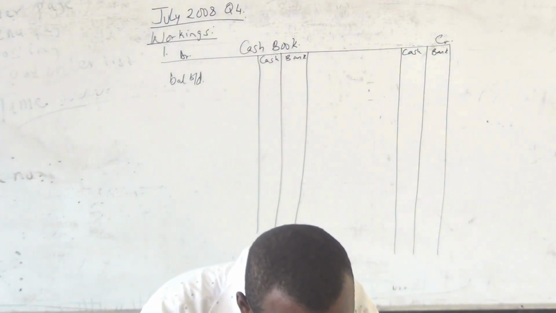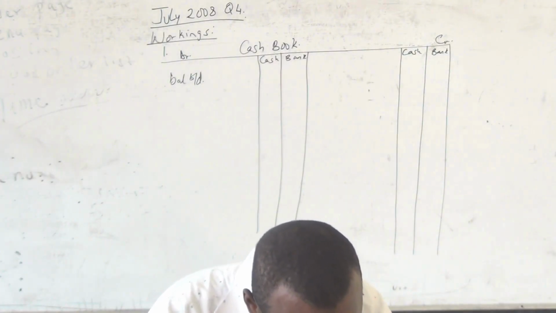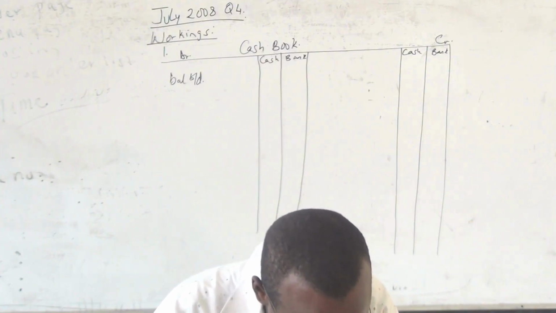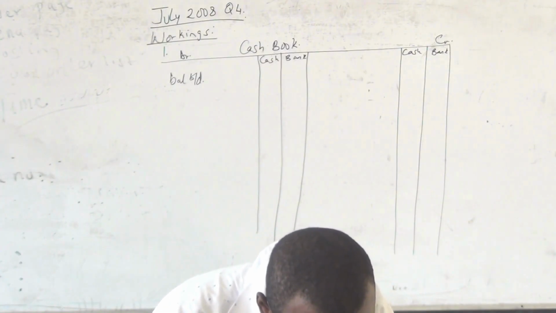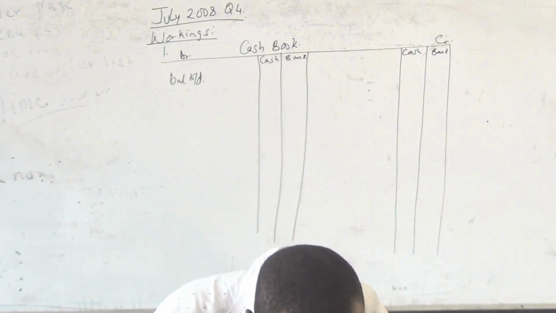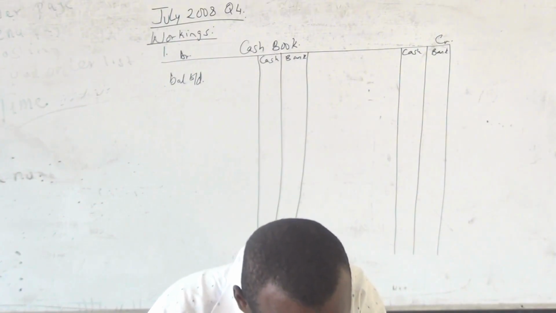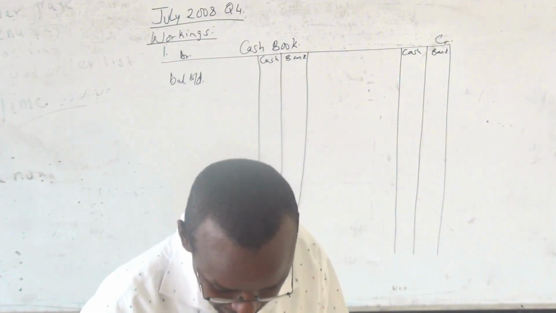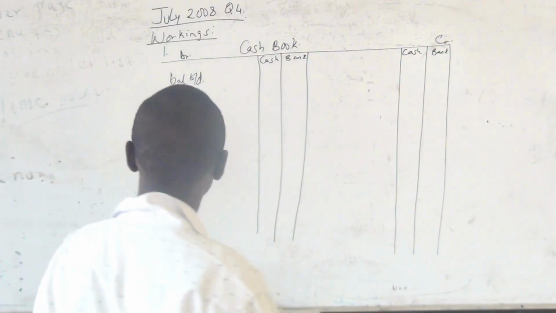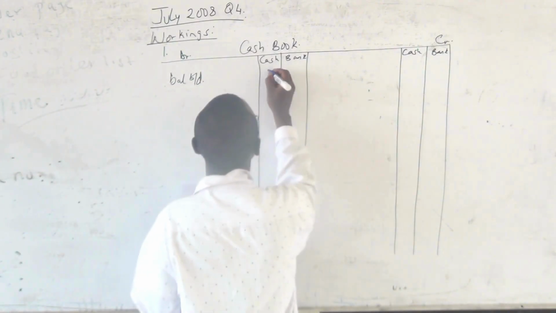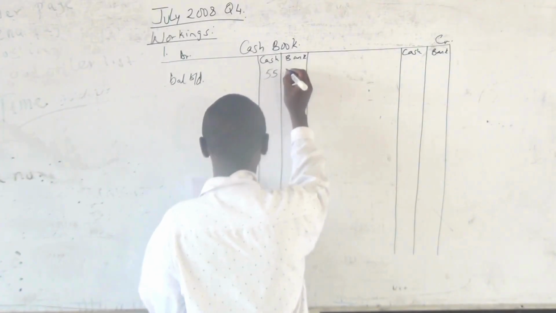Look at the net asset summary as at 31st March 1999. You will get cash in hand and cash at the bank: 55 and 2800.